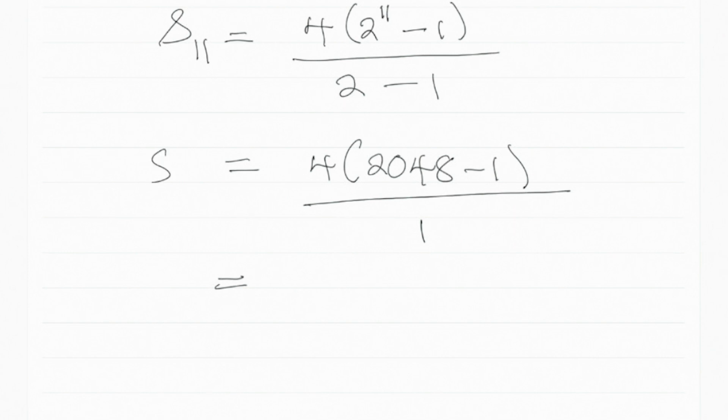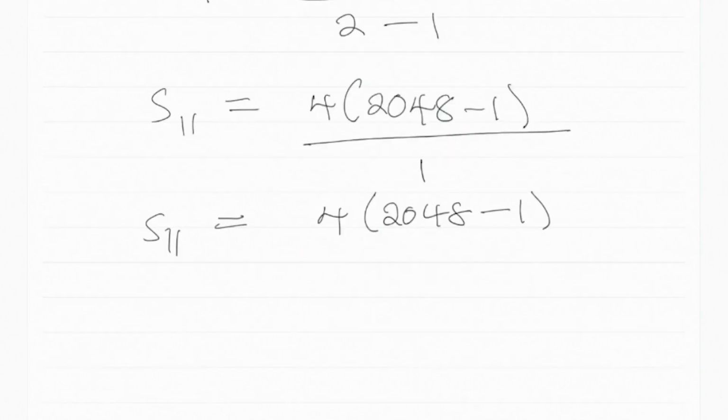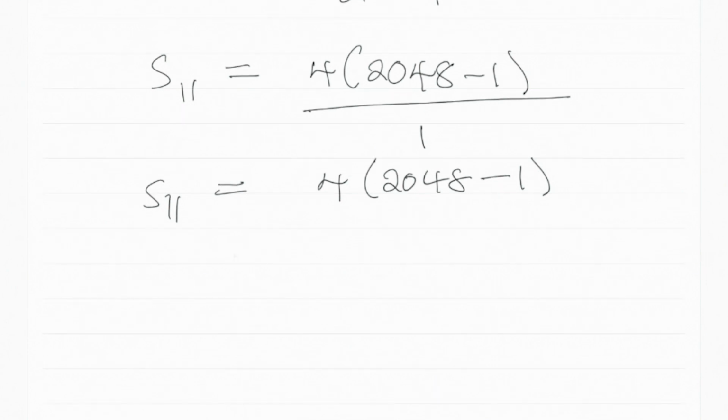I think you're able to follow. Then from there, when we simplify further, this is our sum of the first 11 terms. So when we simplify further, we're going to have 4 times 2048 minus 1. This is how we're going to have it. Then from there, you simply simplify it by saying 4 and 2048 minus 1, that is 2047.